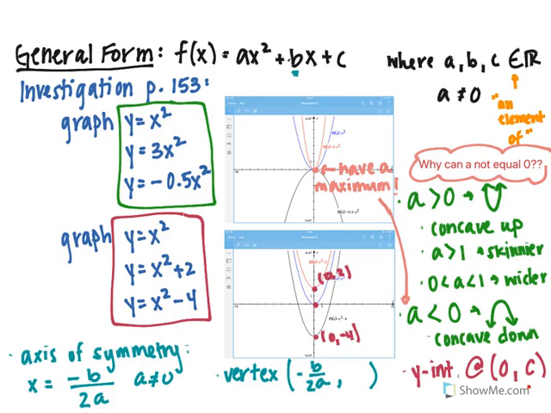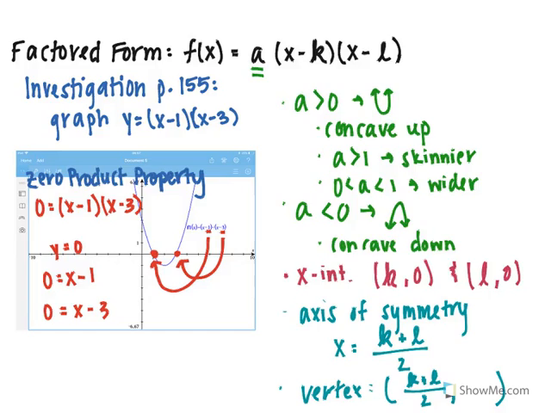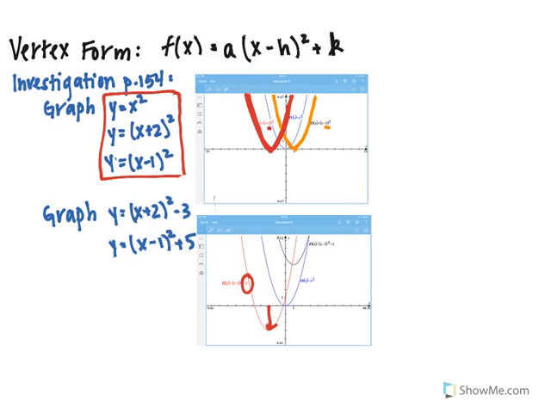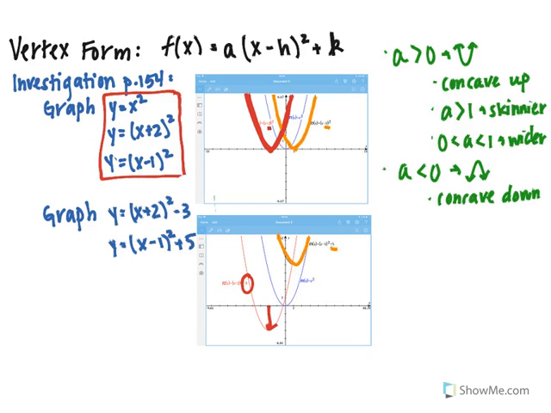Just like this minus 4 on our general form shifted our graph down 4. And the plus 5 shifted our graph up 5. So this k value shifts our graph up and down, like our c value in the general form.